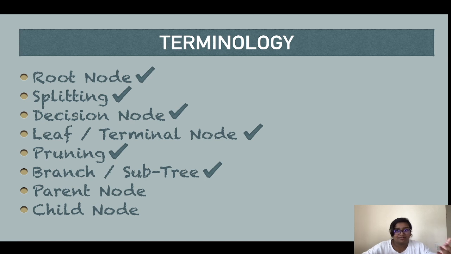We saw an example. Then we have parent node. A node which is split into subnodes is what we call a parent node. And the subnodes that are formed from the parent node are what we call child nodes. It's the basic principle, right? A parent gets split into child nodes.